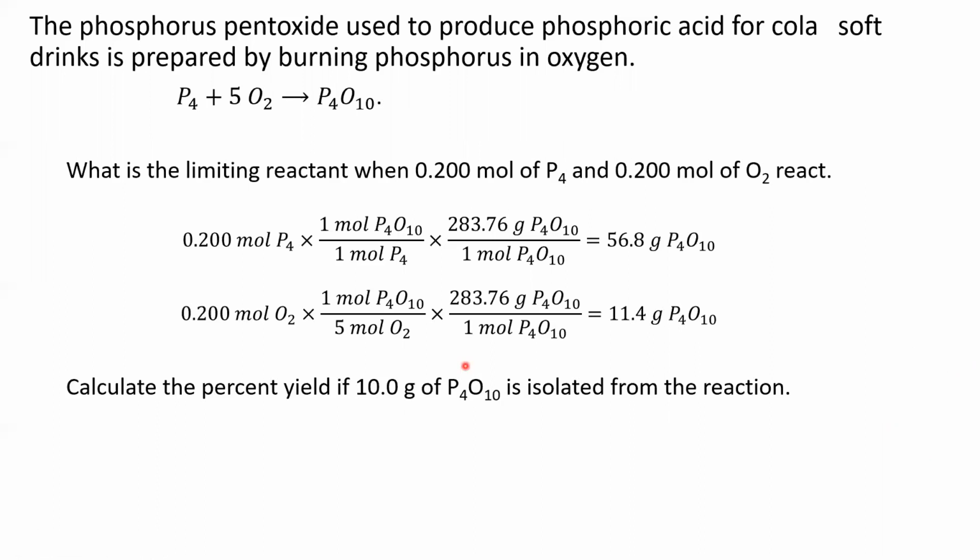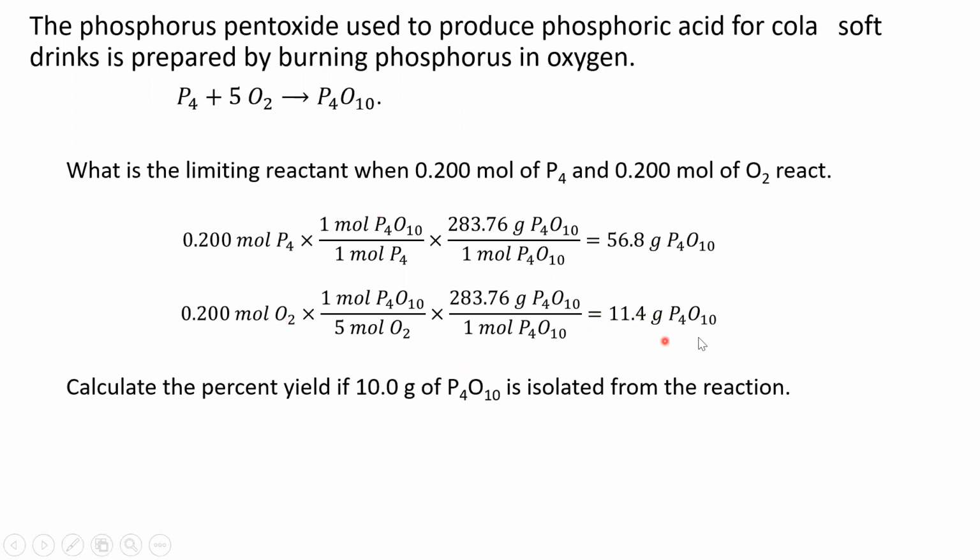All right, so here's the next part of the question. Calculate the percent yield if 10.0 grams of P4O10 is isolated in a reaction. So when we look at this, this is how much product we should produce, because the oxygen is the limiting reactant.